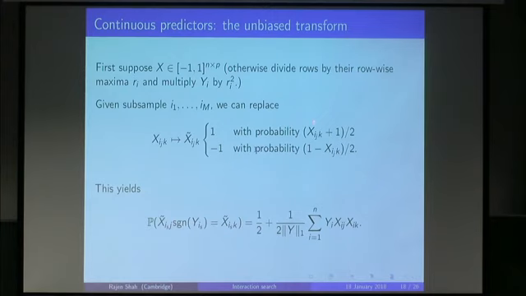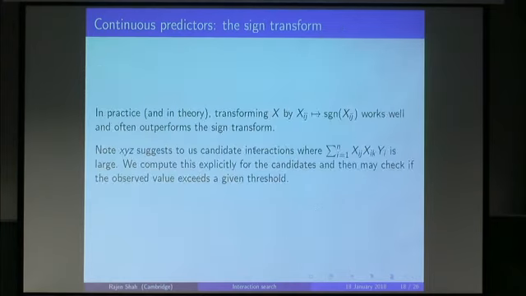And so what tends to work better in practice actually is a very simple approach. Just replace X by the sign of X, so this is a binary version of it, and then just apply XYZ onto this transformed version of X with this deterministic transformation.